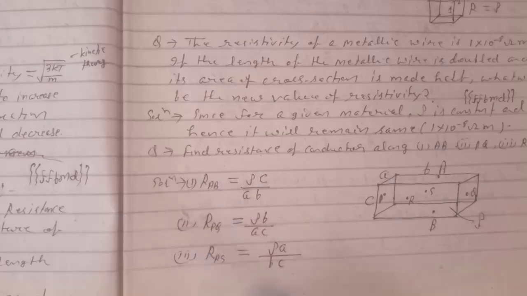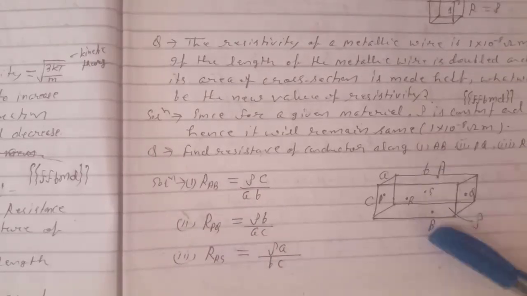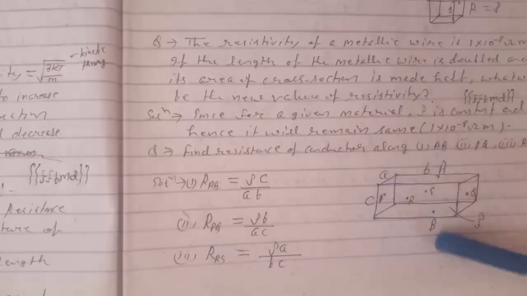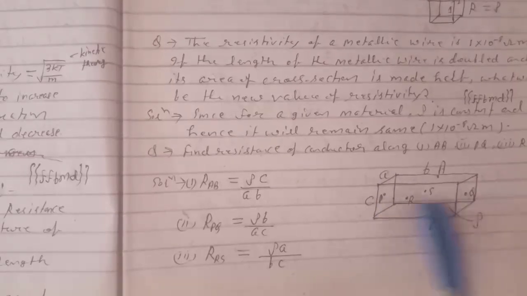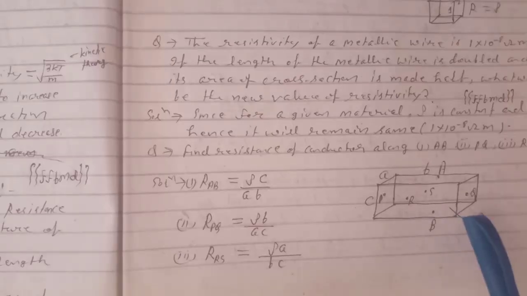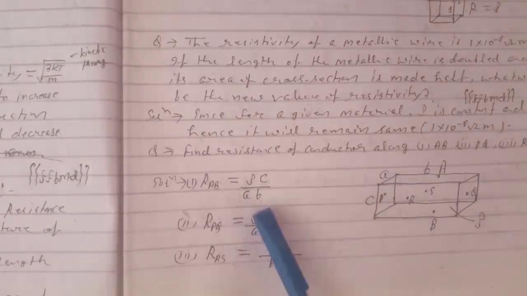For RAB, the length will be C, and the area will be this whole area, with sides B and A, so it will be AB. So rho into C by AB.